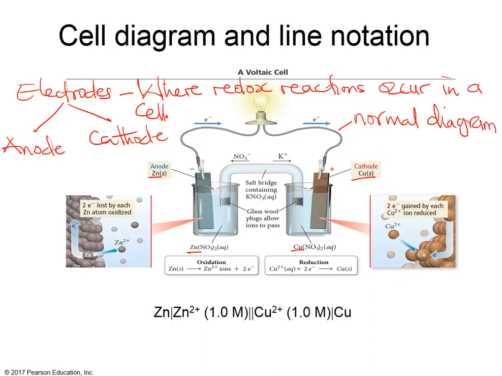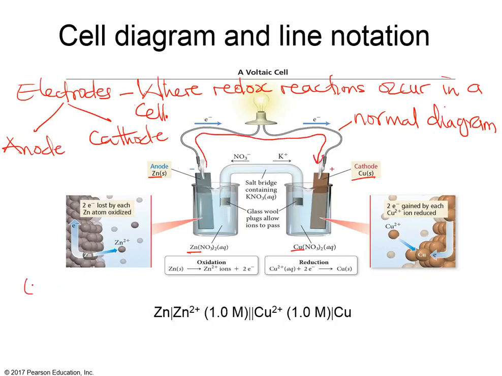So if I'm looking for a diagram, I would expect you to be able to tell me what is the cathode, what is the anode, and where is the salt bridge, and then where do the electrons go. As you can see here, electrons move from anode all the way to cathode.